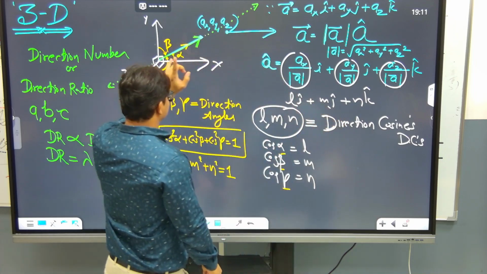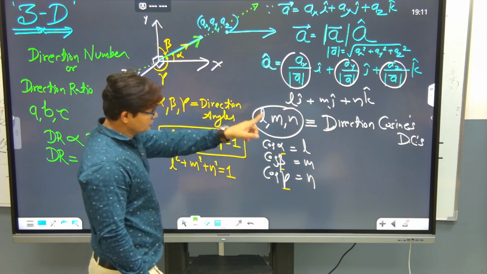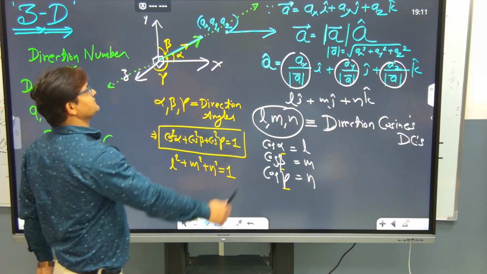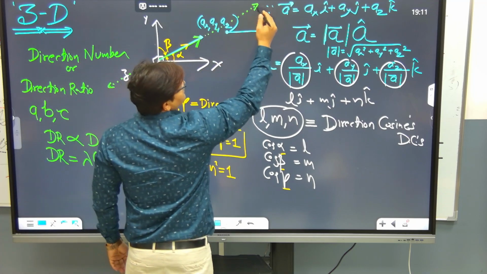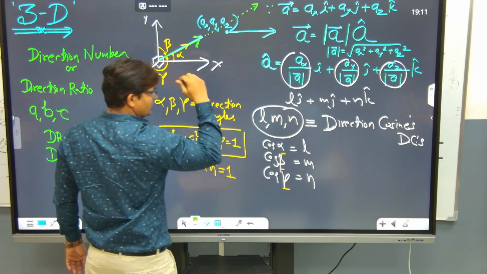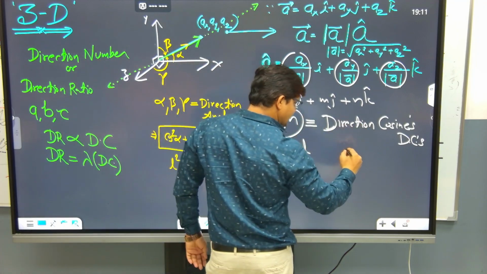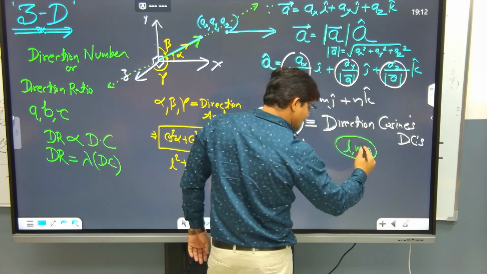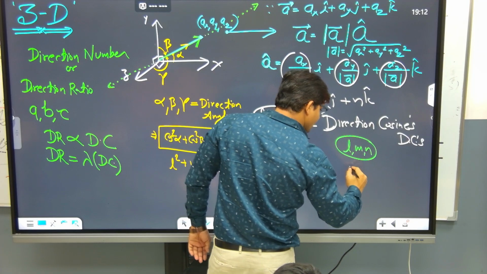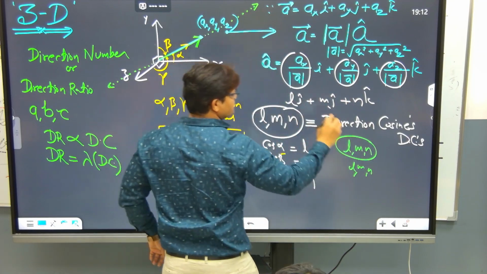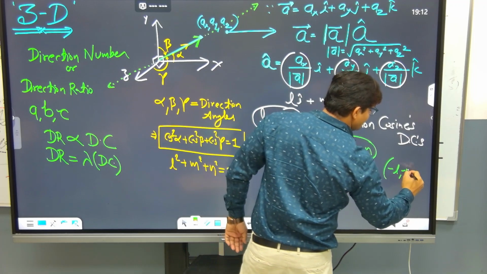Again, for a vector direction cosine is unique, but for a line direction cosine has two types of values: one on this side and second the opposite. So if we have direction cosine L, M, N for a vector, then for the corresponding line we have two types, one with L, M, N and second the negative, minus L, minus M, minus N.